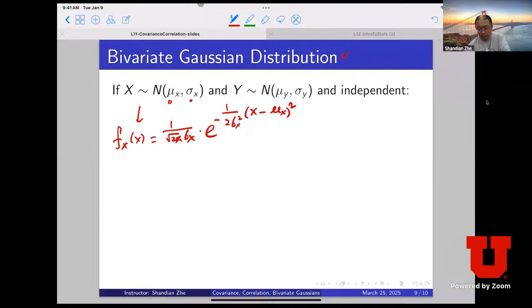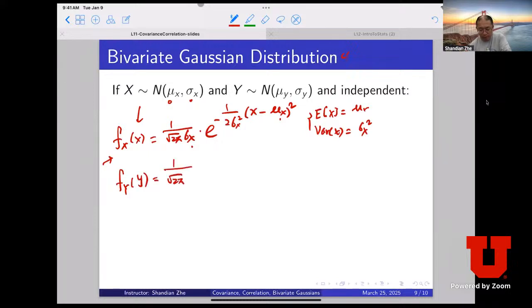Two parameters, mu x and sigma x, which tell us that if you use this Gaussian distribution, then the expectation of x will be just mu x, and the variance of x will be just sigma x squared. Similarly, if y follows a Gaussian distribution, its PDF follows the same form.